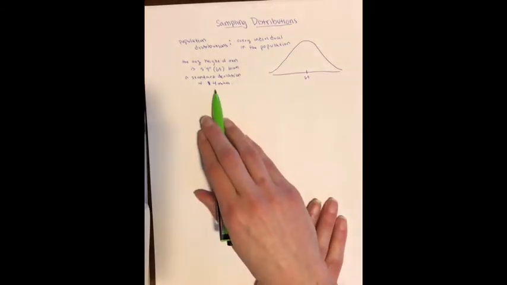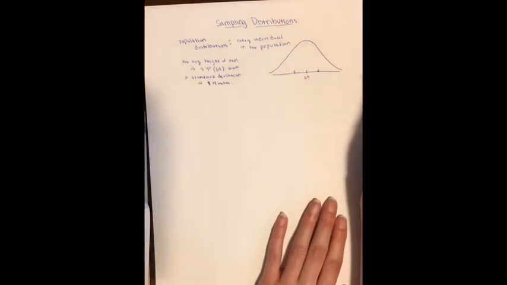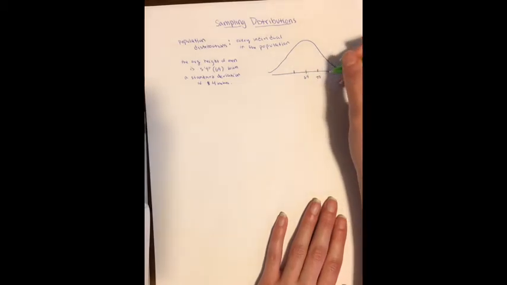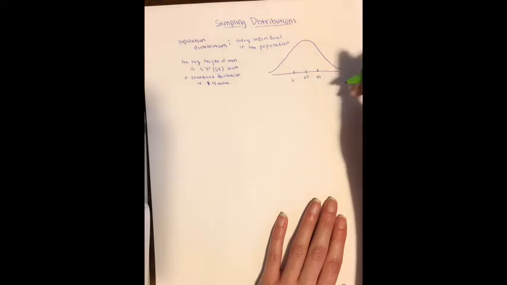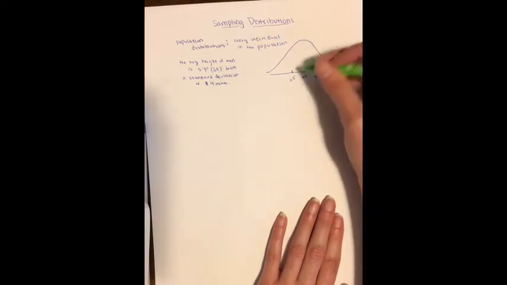Most people will be within 4 inches of that average. So most people will be within 6'1" to 5'5". So most guys will be between there, individual guys.